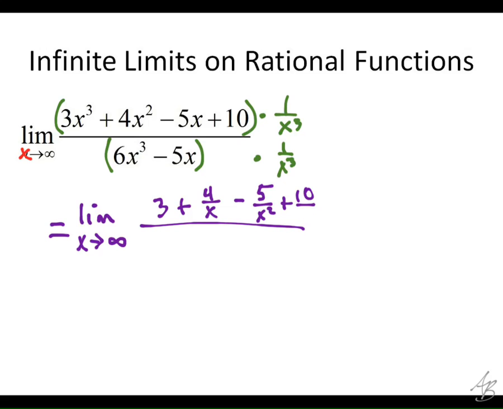And then in the bottom we have 6x cubed divided by x cubed, which is 6, minus 5x divided by x cubed, which is 5 over x squared.